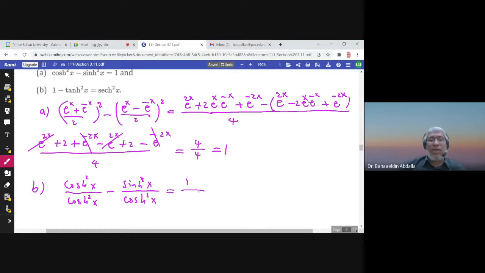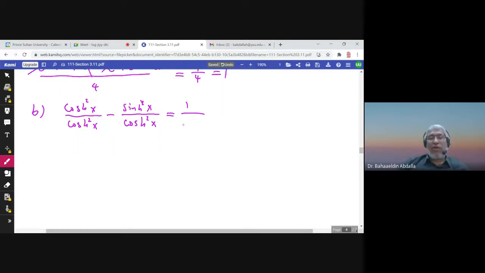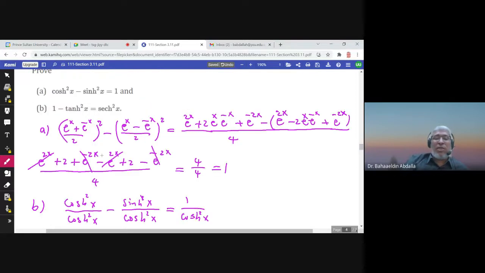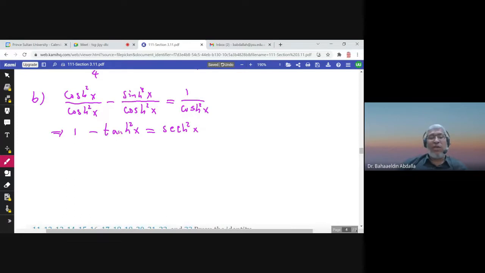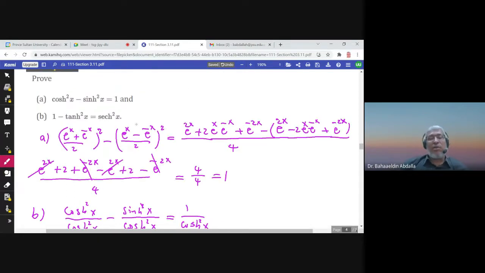In the right-hand side, I have 1, and I will divide the 1 over cosh square. And now cosh square over cosh square is just 1. And sinh over cosh is tanh, or hyperbolic tan. And 1 over cosh is hyperbolic secant. And this is the identity in B. So we prove B easily when we divide the two sides of A by cosh square.